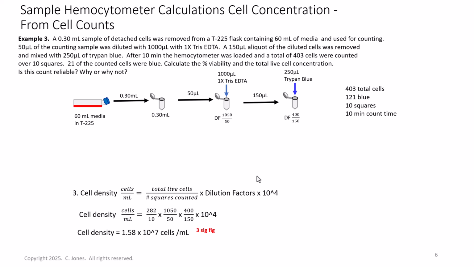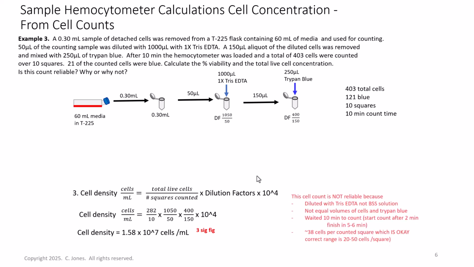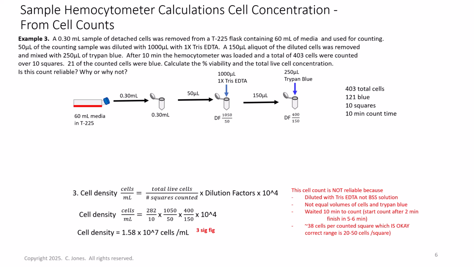Is this count reliable? Why or why not? And so you're looking here for things that were not following the SOP, where the specified procedure was not followed correctly. And so the answer is, in my opinion, this count is not reliable, right? One, we diluted it with tris EDTA.